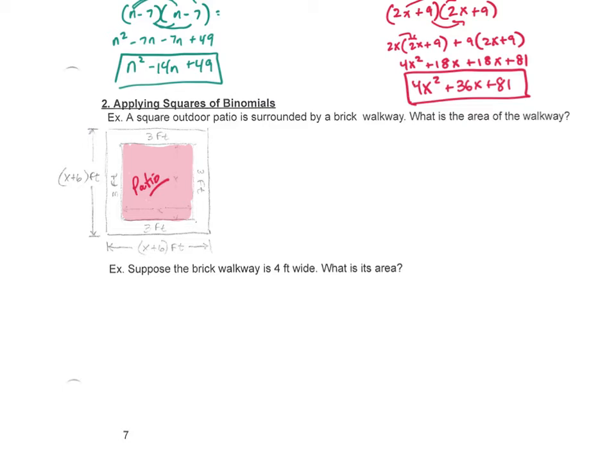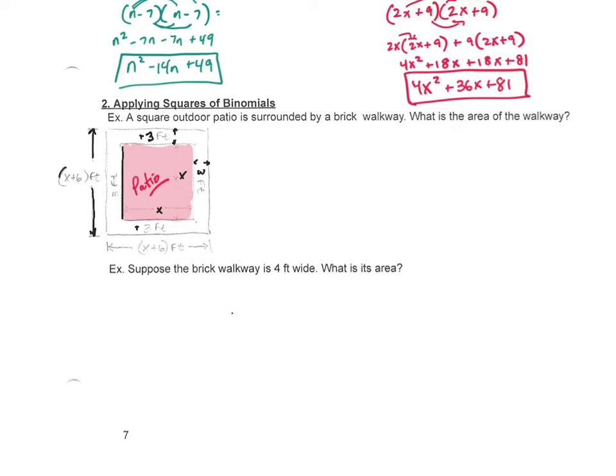If my patio has some length of x, labeled x times x, and this distance right here is 3 feet all around, then when I look at this entire length, I have the value of x, plus 3 feet here, plus 3 feet here.